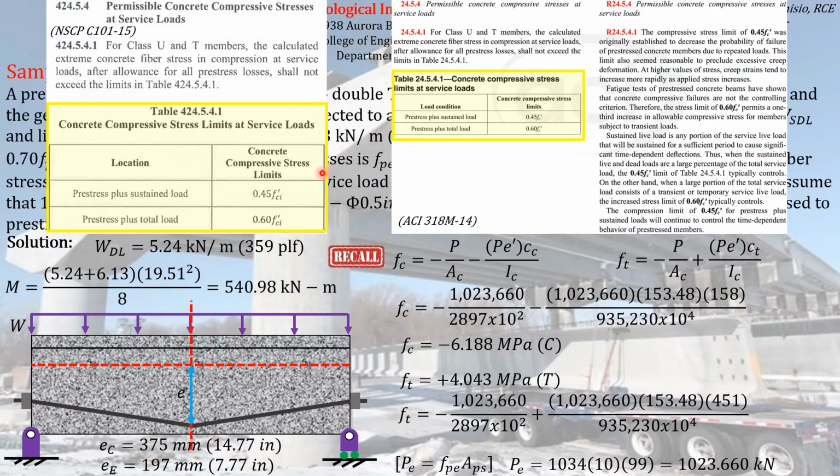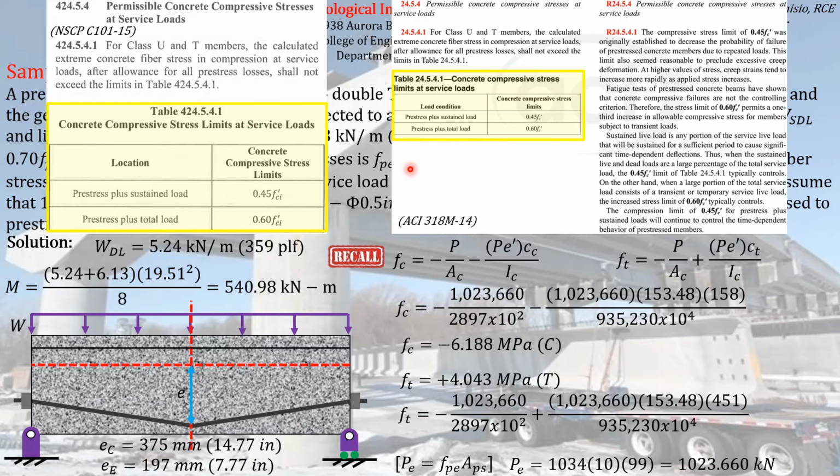Although you have to take note, there is a little bit of typographical error from our local code NSCP, because you can see here that the expression shown is equal to 0.45 FCI prime. So this is in terms of FCI prime, but supposedly it must be in terms of FC prime because we are already in service load condition.